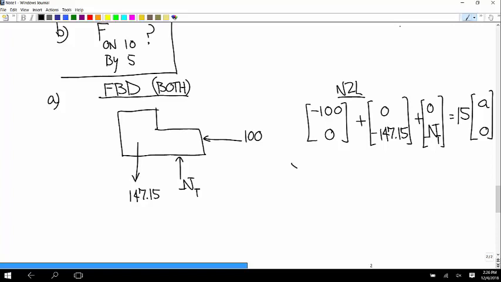All we need for this is the x equation because we're just trying to find that variable A. Once we find that variable A, we can just plug it into this because this is the acceleration vector.